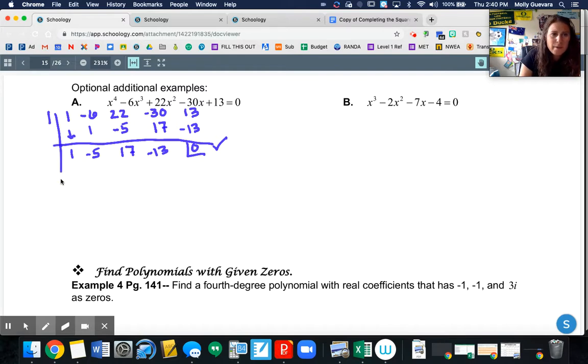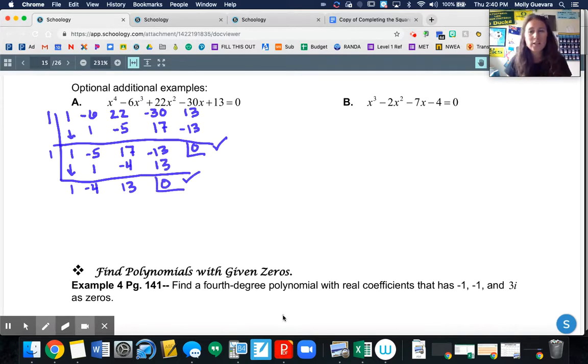But since it bounces at 1, I can do this again. Okay, so 1 comes down, multiply and add. And we multiply and add. And then we multiply and add. And again, I should get 0 because I know that 1 is a factor 2 times because it bounces.